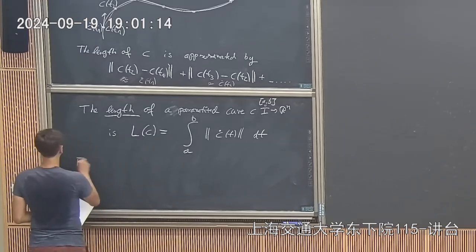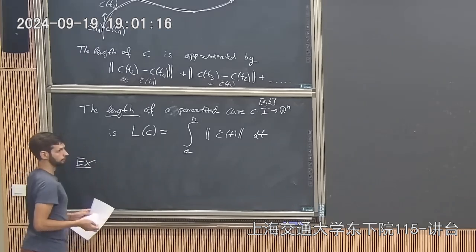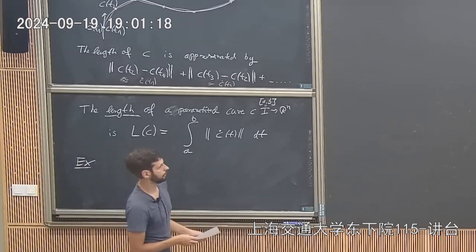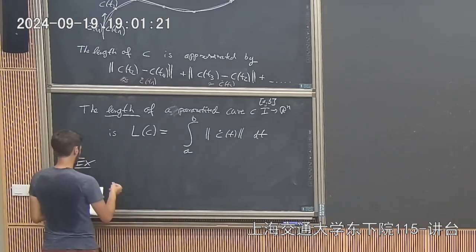Just to give you an example, let's look at the circle again, which is already erased.